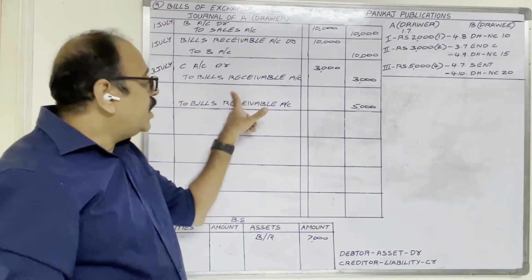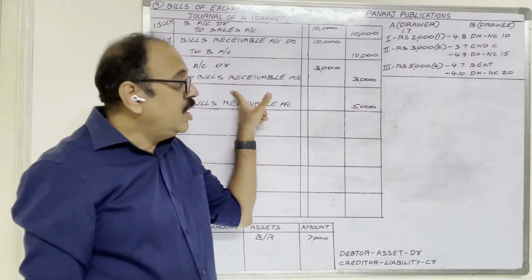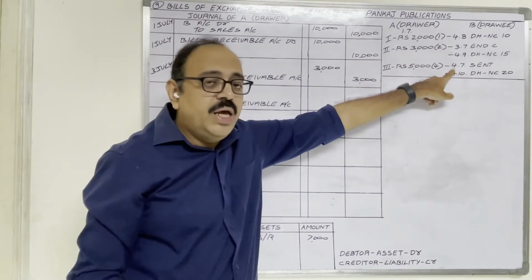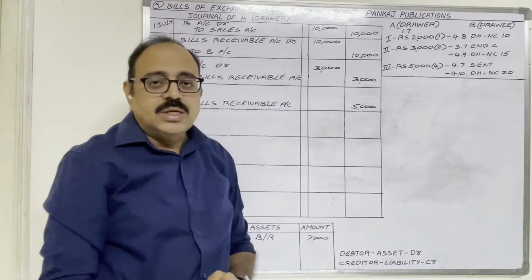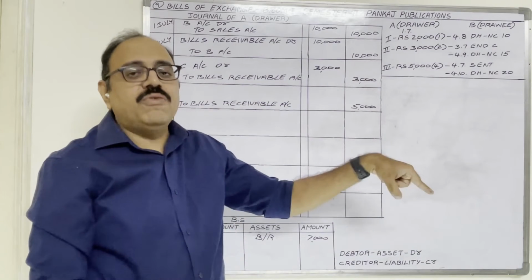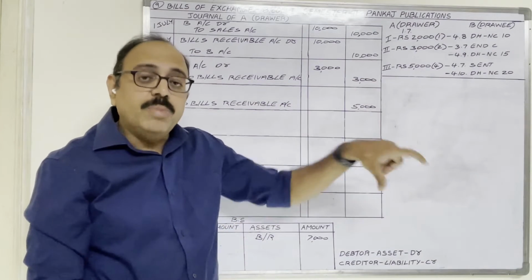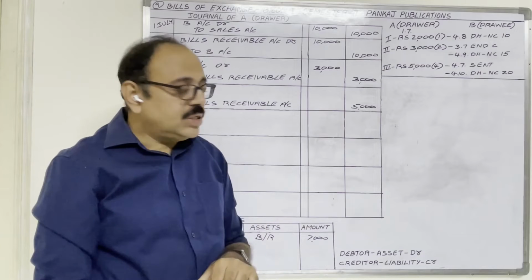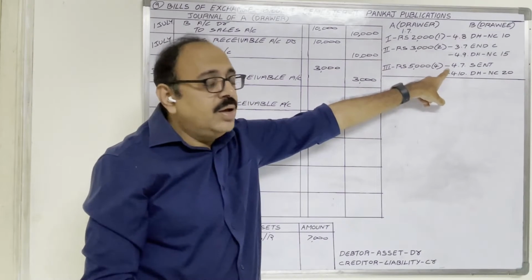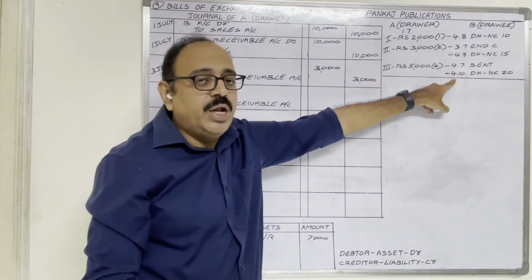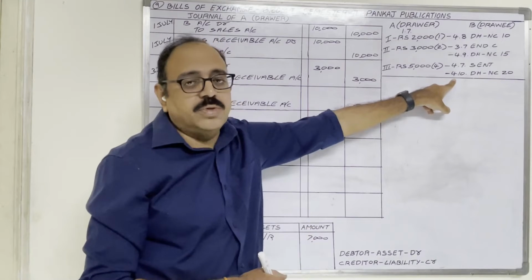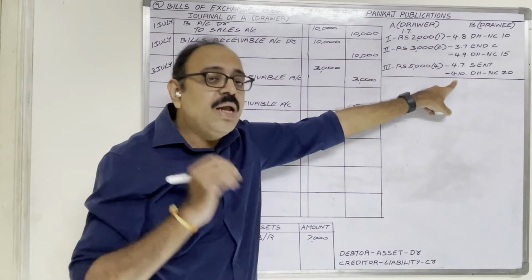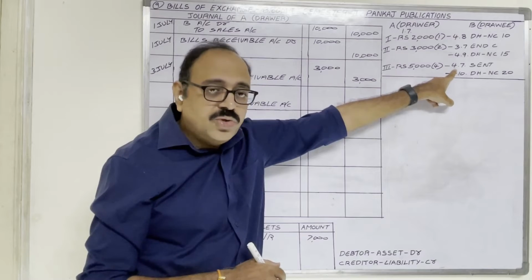If you debit bank account, it gives a meaning that on 4th July only our bank balance is increased. So when money is deposited in our bank account, then only bank account will be debited. When money comes, not on 4th July, on the due date of this third bill, on 4th October money comes. On 4th October bank balance increases, not on 4th July.